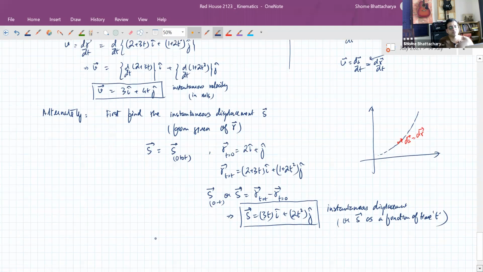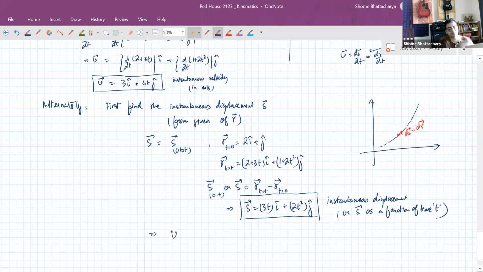So now if I want to describe velocity in terms of the rate of change of displacement, I have to differentiate this, and immediately you'll understand why it's the same thing as dr by dt. Take the differentiation operator inside.